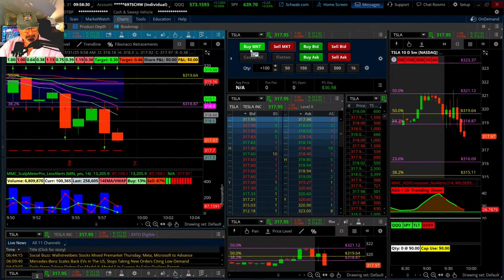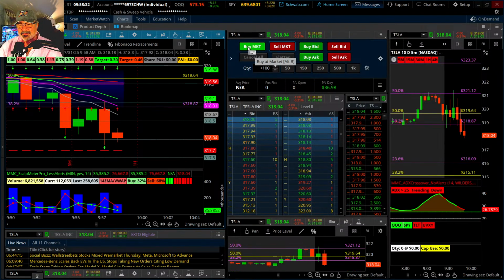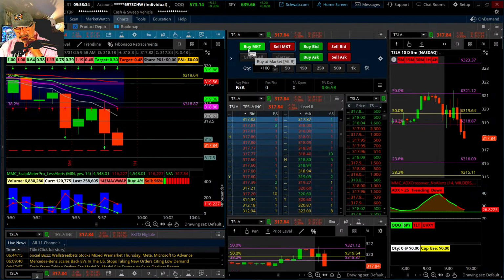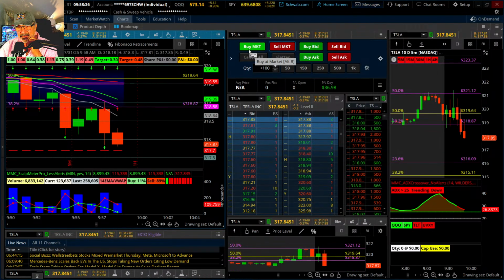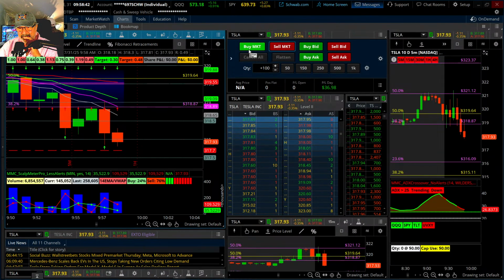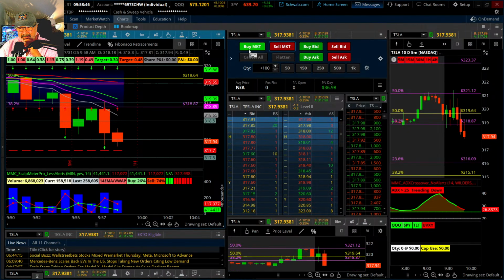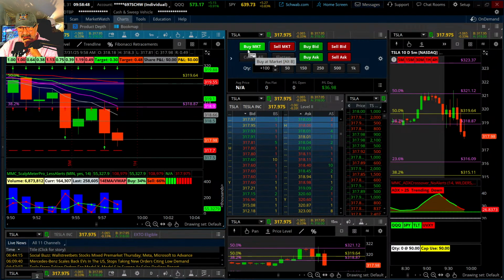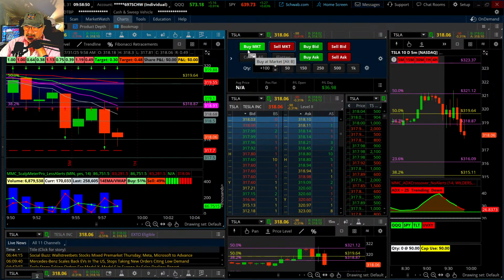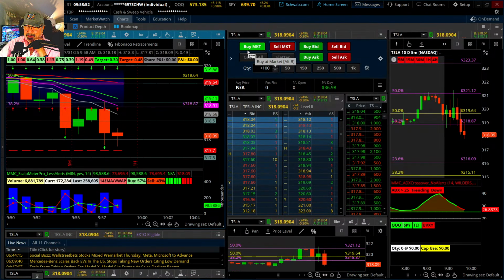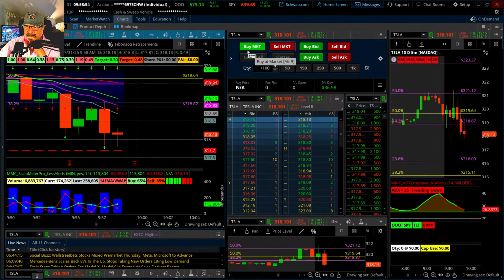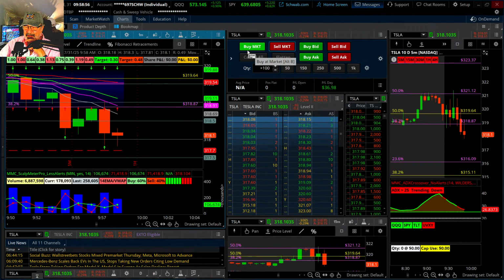There it goes. It's only like a 6-cent recovery. There you go. There's a 15, 20-cent recovery. So it's slowing down, so we got to be careful.